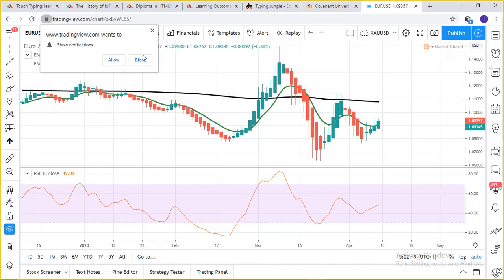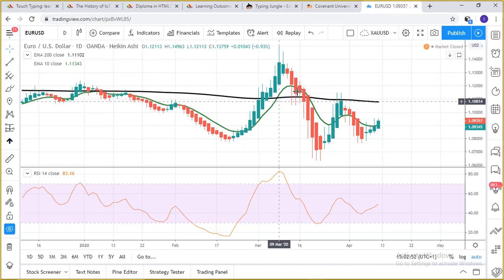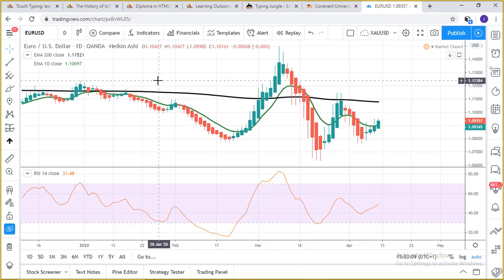But I would think that the price will not make it up to this level. This level is very important for the price, and I think price will probably play below that particular level of 12357.